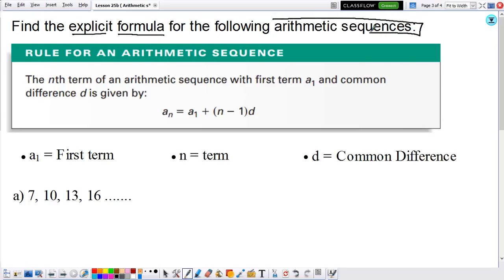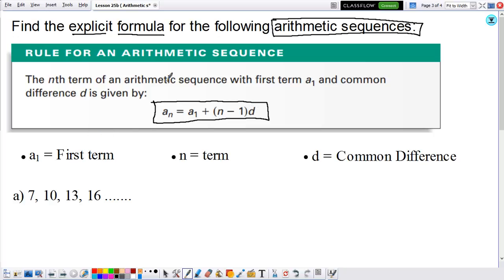So even though both of them are called explicit formulas, they behave and they look pretty different from each other. This is how the explicit formula looks like for an arithmetic sequence: an = a1 + (n - 1) multiplied by d, which is the difference.